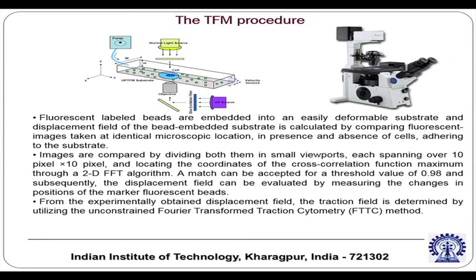Then the images are compared by dividing both of them into small viewports, each spanning 10 pixel by 10 pixel, and locating the coordinates of the cross correlation function maximum through a 2D fast Fourier transform algorithm. So this entirely falls within the paradigm of image processing.